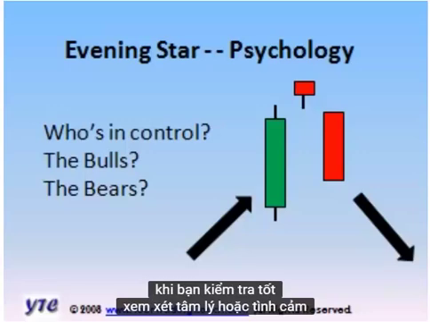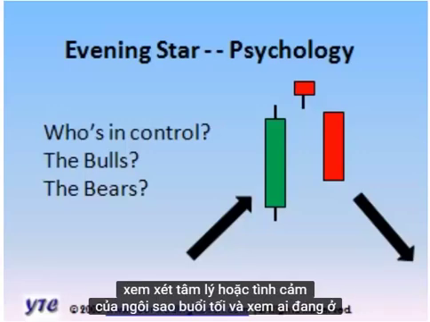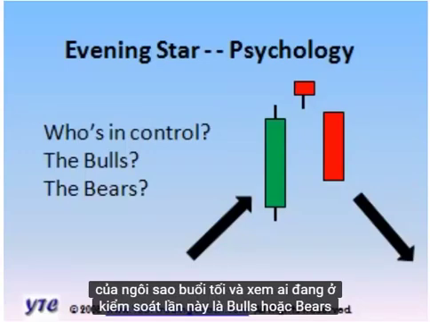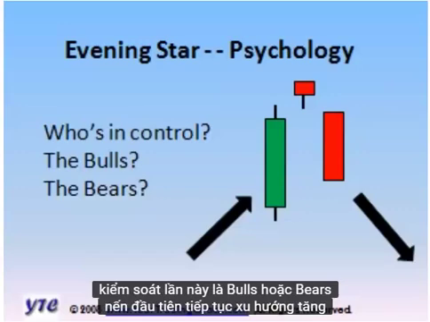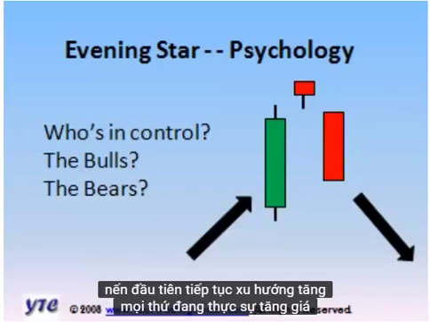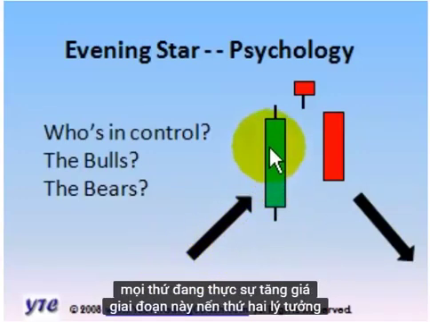Let's consider the psychology of the sentiment of the evening star and see who is in control this time, the bulls or the bears. The first candle continues the uptrend. Everything is looking really bullish at this stage.